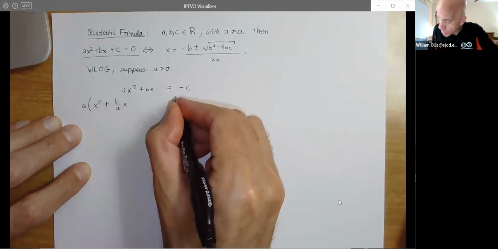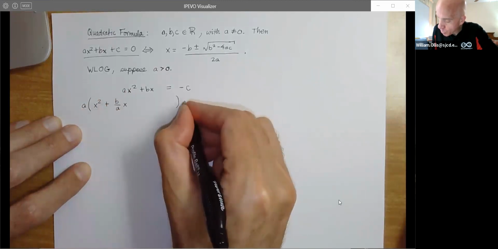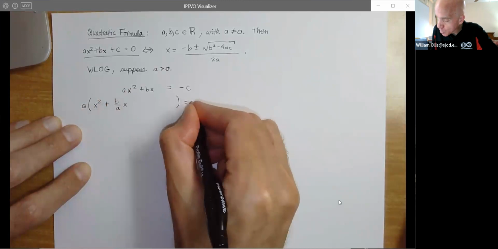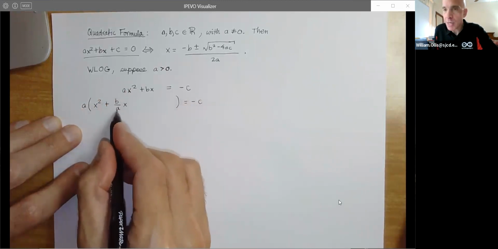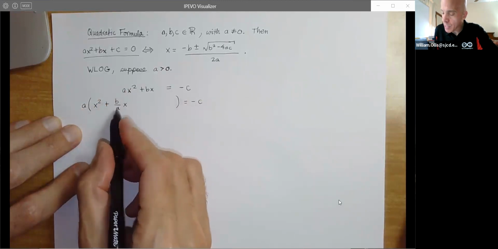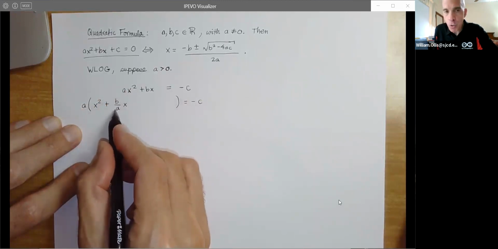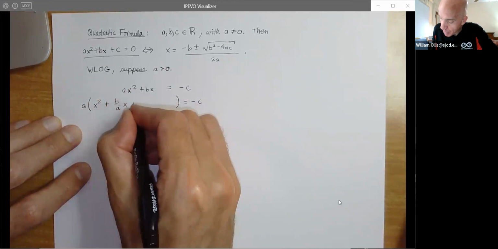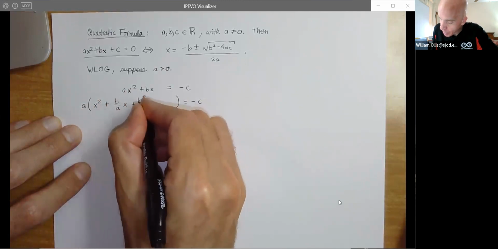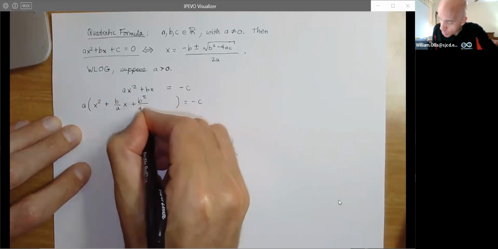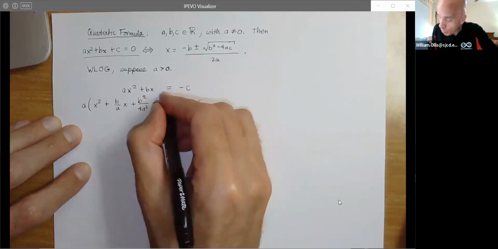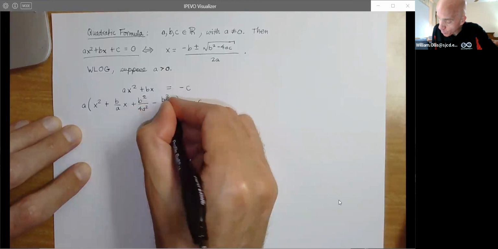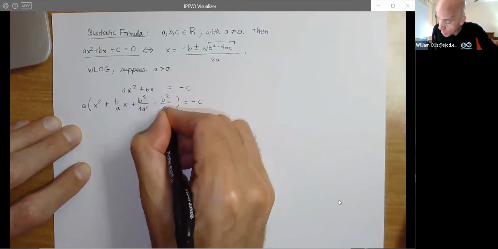And then what we're going to do is complete the square. When we complete the square, we do as you've done in your previous classes. You take half of this coefficient and square it. So that means we will get b squared over 4a squared. Now, of course, if we add a number, we have to subtract the same number to preserve the equation.